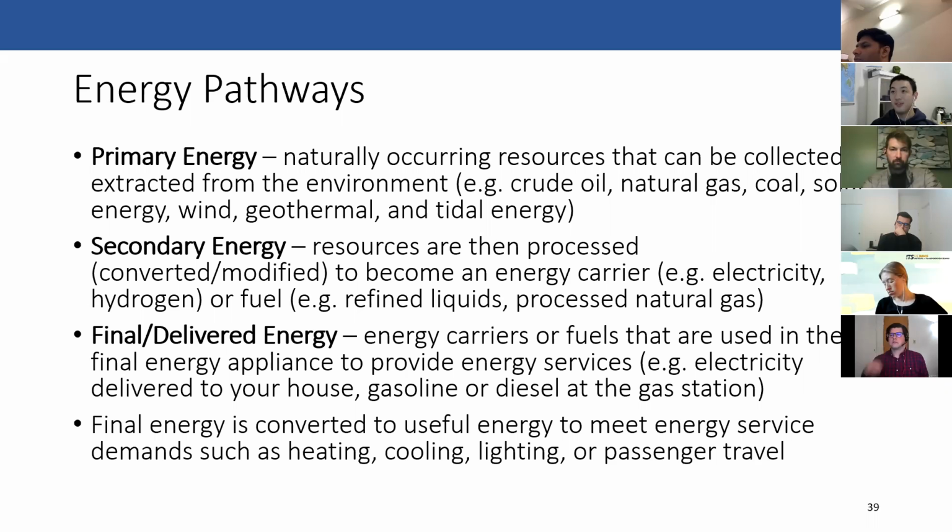So electricity, right, that's the conversion of coal or natural gas into this form of energy. So that is a secondary energy. And any sort of refined liquids are also secondary energy. So examples like gasoline and diesel, which we process from crude oil, is another example of secondary energy.